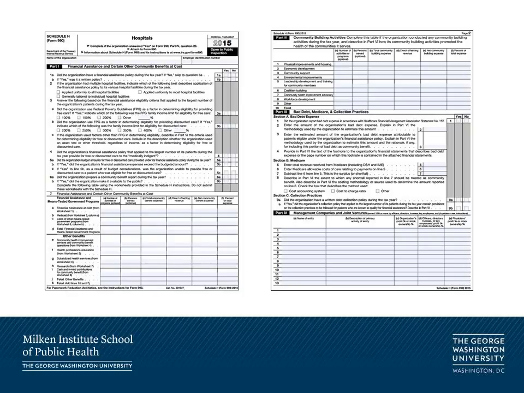And then the hospitals report in a different section of the form on something called community building activities, which in fact include things like housing, environmental health issues, workforce development, the very things most of us would identify as being very important investments when it comes to upstream addressing root causes of the health issues in a community.